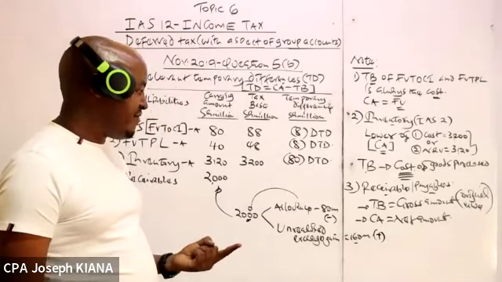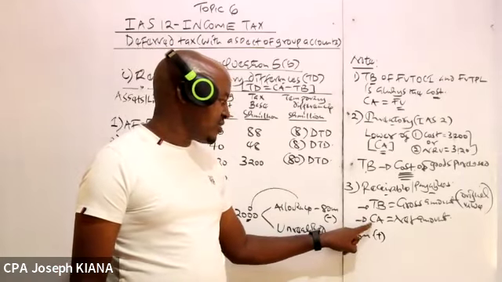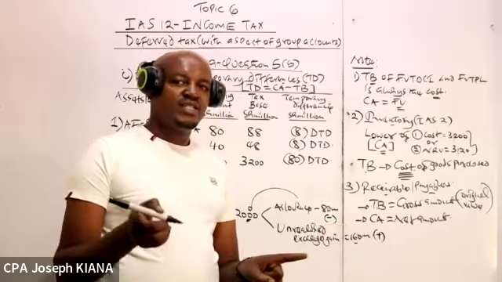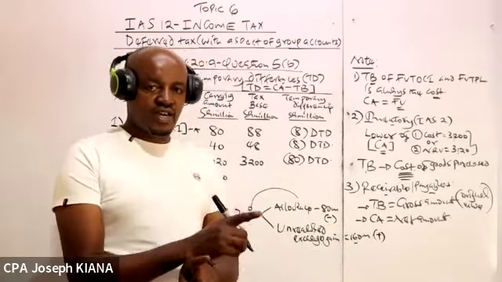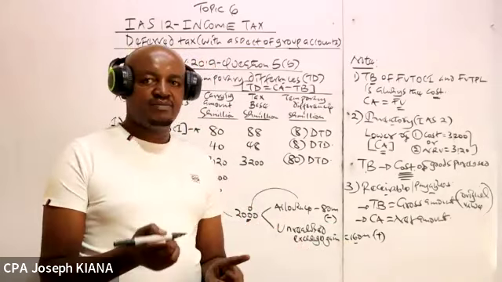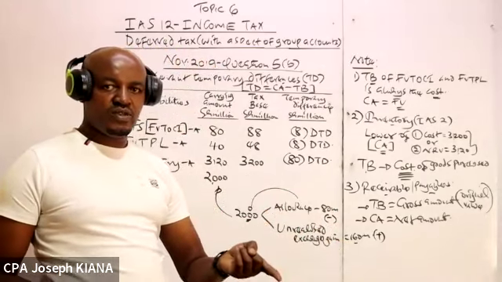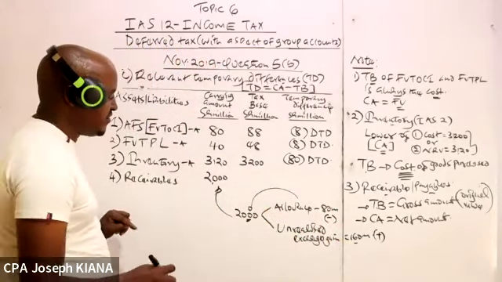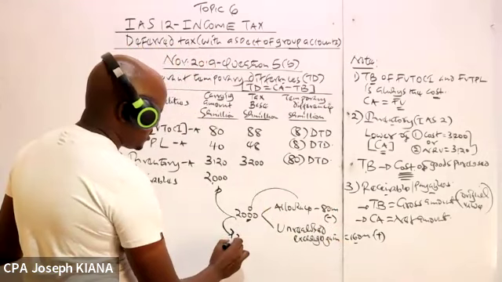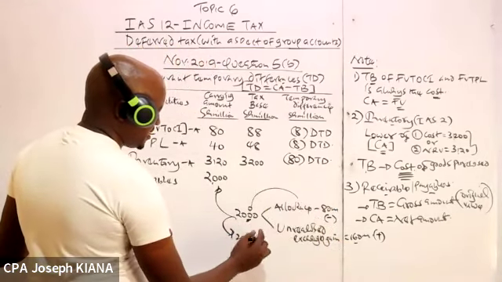Yes? Now, having such knowledge, we need to ask ourselves, what now will be the tax base? Tax base is the gross, original figure. So this figure 2,000 is the net. It has been adjusted with these two items. How do we get the original figure for receivables? To get the original figure for receivables, we are going to take this 2,000, and then this 80, which has already been deducted, we do what?